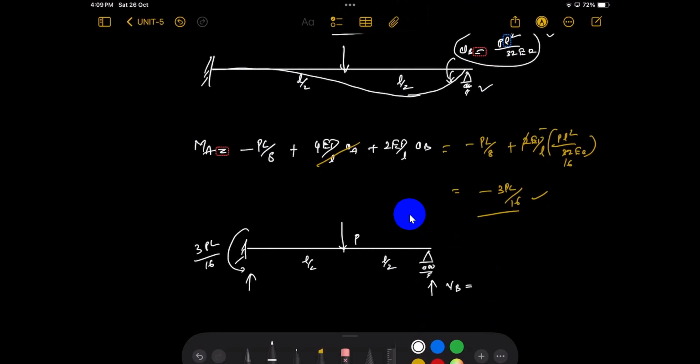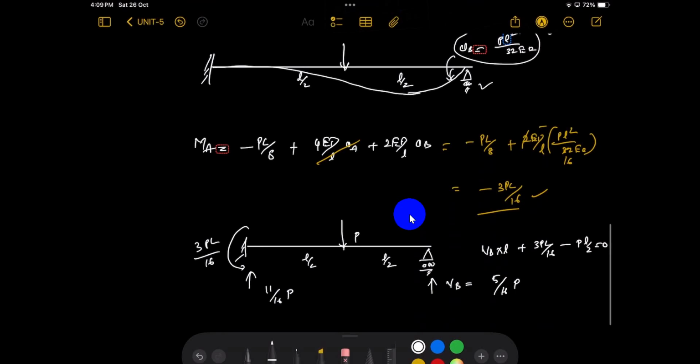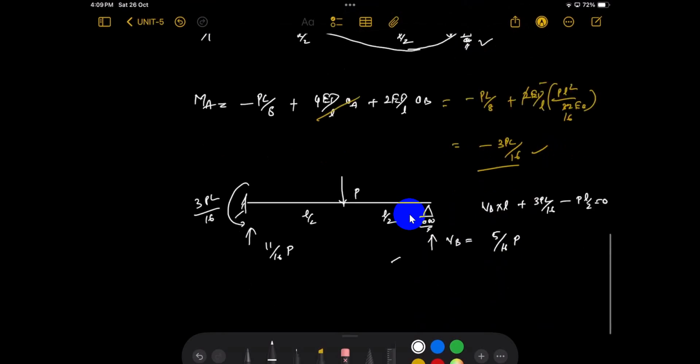You can write the equation: VB multiplied with L, plus 3PL by 16, minus PL by 2 equals 0. VB is 5 by 16 P, so automatically the other reaction is 11 by 16 P. So that's it. You can draw the bending moment diagram and shear force diagram.